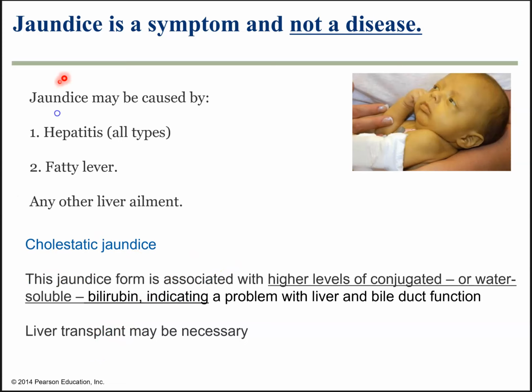There are several different types of jaundice that are manifested either due to hepatitis. Hepatitis is a result of a viral infection, and jaundice can be a result of hepatitis A, B, C, D, and E. So there are several different types of hepatitis.